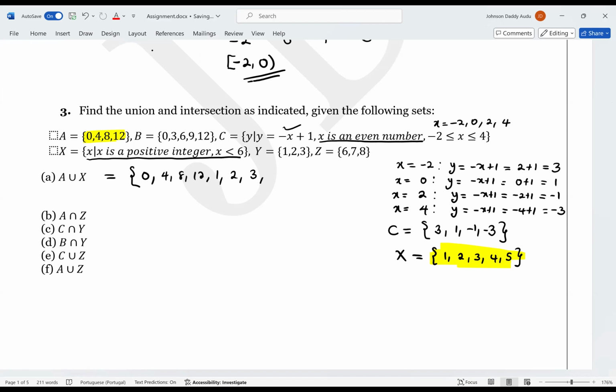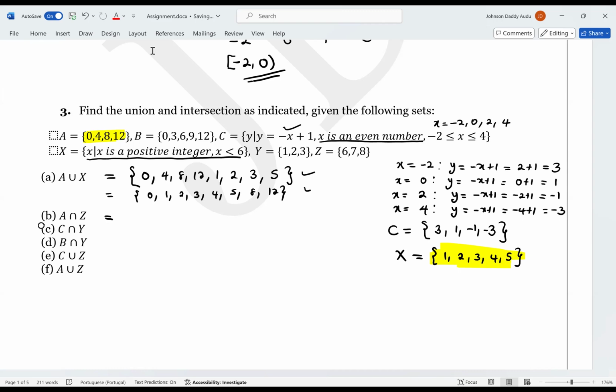Yes, already there is 4, then we can take 5. So you see, in this case, it's not arranged, but you can decide to arrange it as 0, 1, 2, 3, 4, 5, 8, and 12. So either you leave it or this, both are still correct. You don't need to arrange it. So I hope I didn't miss out any number.